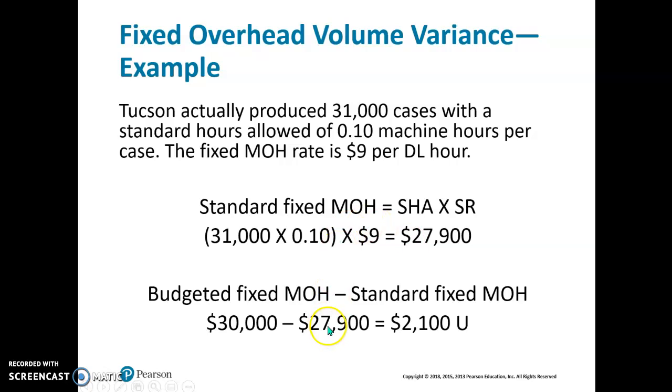And the budgeted would have been the standard fixed manufacturing overhead of 30,000 minus the 27,900 that we calculated above. So that's budget minus standard, or 2,100 unfavorable.